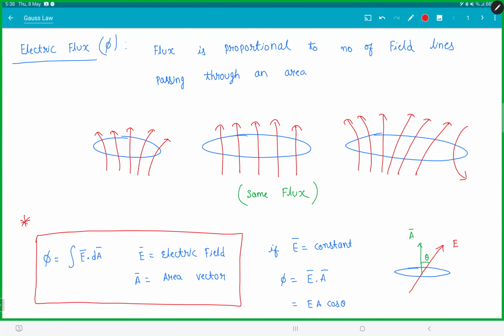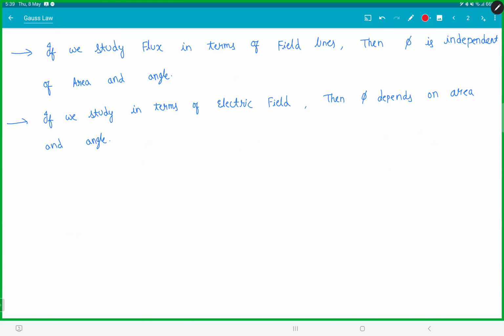Now integral E dot dA, E bar will be given. Now the problem is A bar, how will you take the area vector direction? Now for closed figures, and this is something we discussed first time in vectors, we have normals inside and outside. We take outward normals as positive.